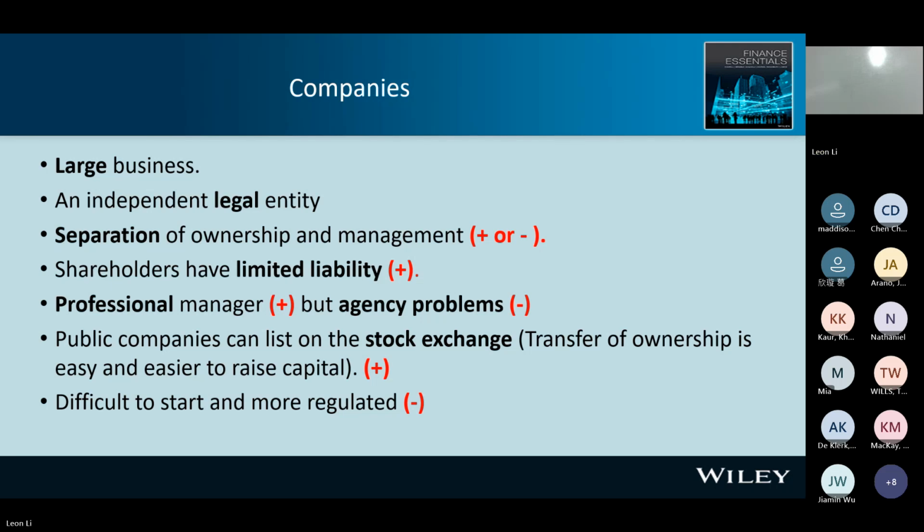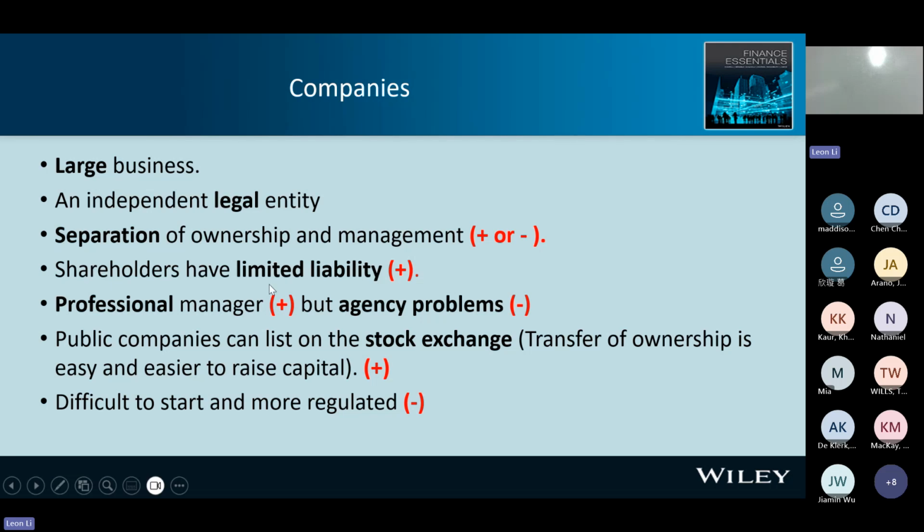That means the company can hire a professional manager to run their company, right? However, it could be a negative, a disadvantage: agency problem. Later on, we will have more discussion on agency problem. It's a very important issue in finance, all right?